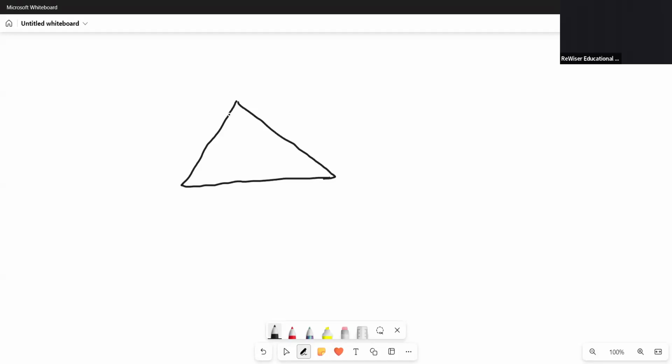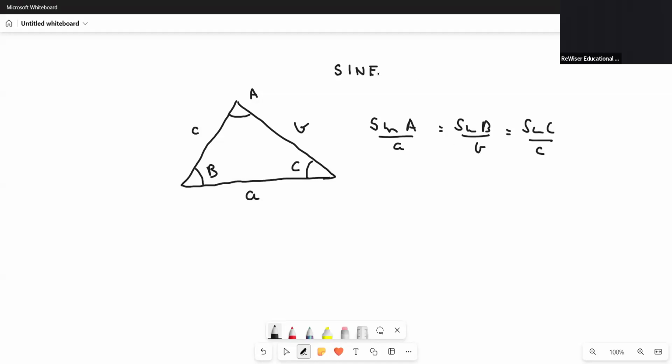So if I'm constructing this as angle A, the side opposite to it should be marked as side A. If I'm taking this as angle B, the side opposite to it should be marked as B. And if I'm taking this angle as angle C, the side opposite to it should be marked as C. So if I'm going for the sine rule, I can write it as sine A by A is equal to sine B by B, and that's equal to sine C by C. So that's how the sine rule works. This is known as sine rule.